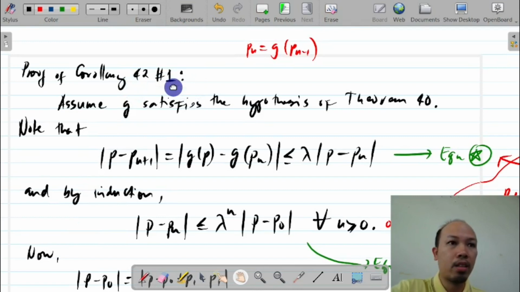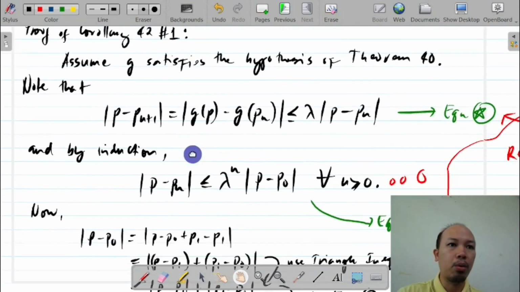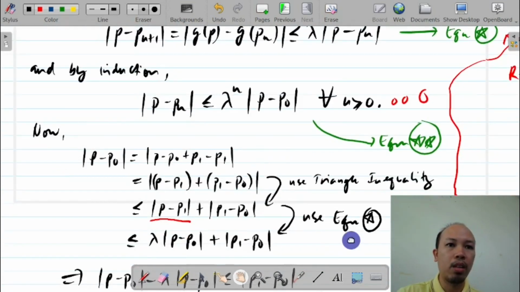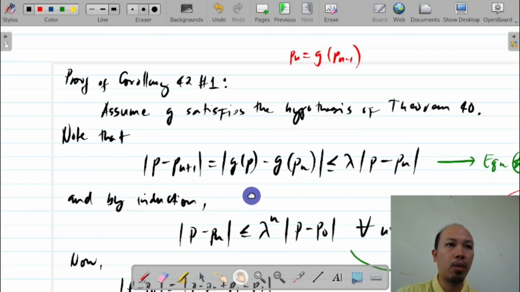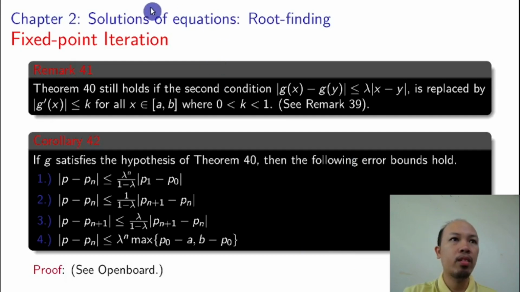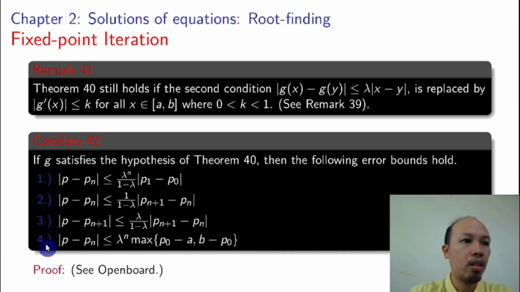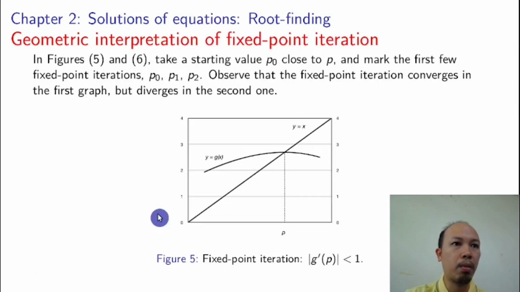For the rest, I am going to leave that to you. Since we are done with the proof of corollary 4.2 number 1, numbers 2, 3 and 4 will be for the students. Let's move now to the next part.